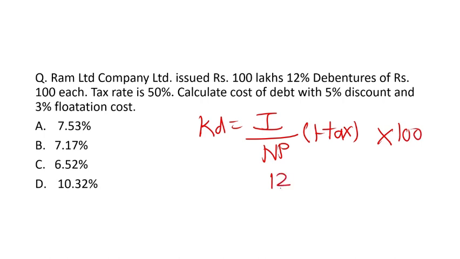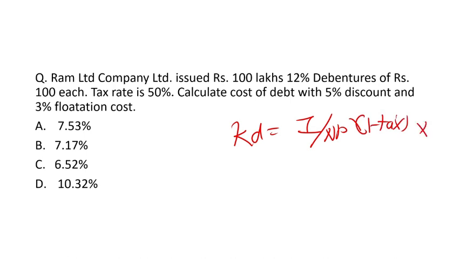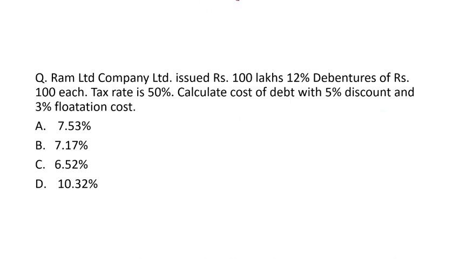Here the interest is 12%, then what else is given? The tax rate, 0.5, we will write here. Net proceeds we are yet to compute. Okay, Kd = interest upon net proceeds (1 minus tax) multiplied by 100.